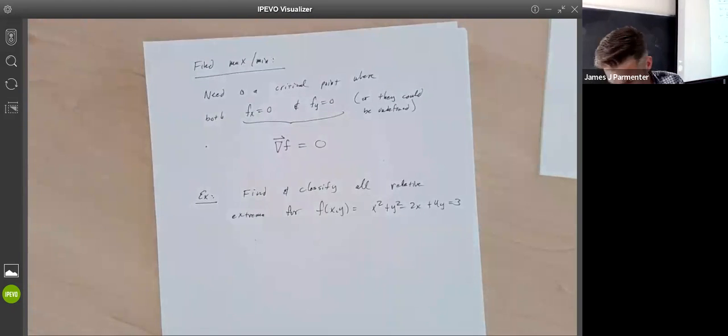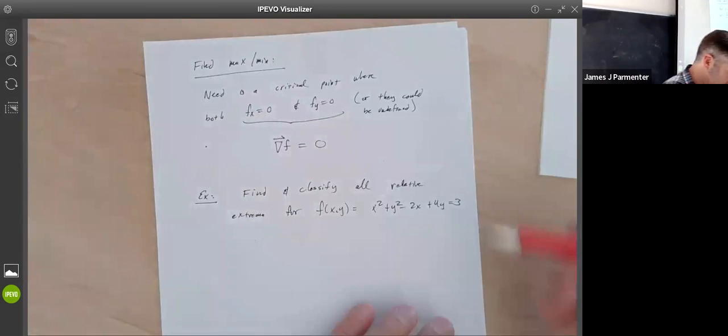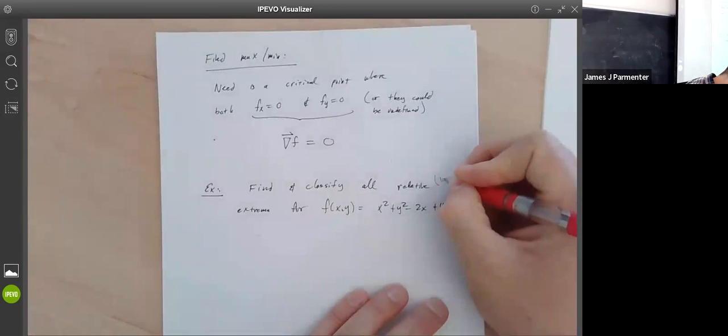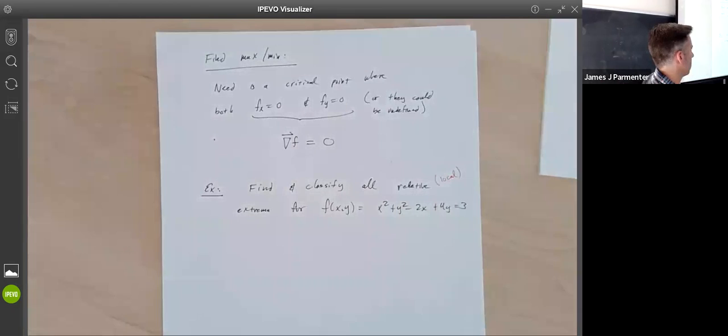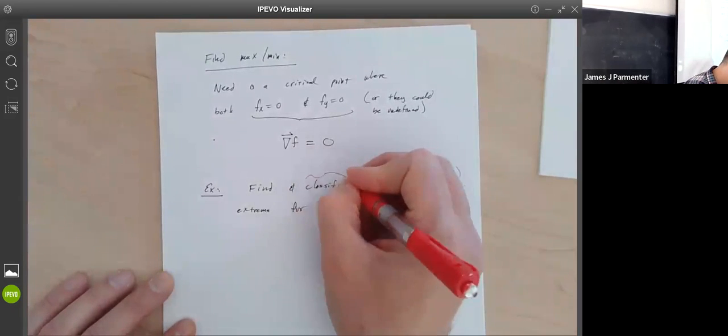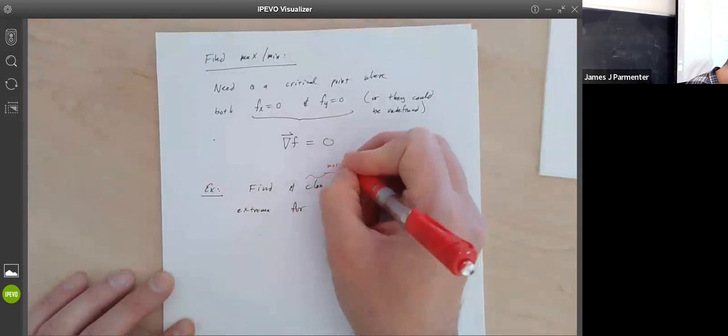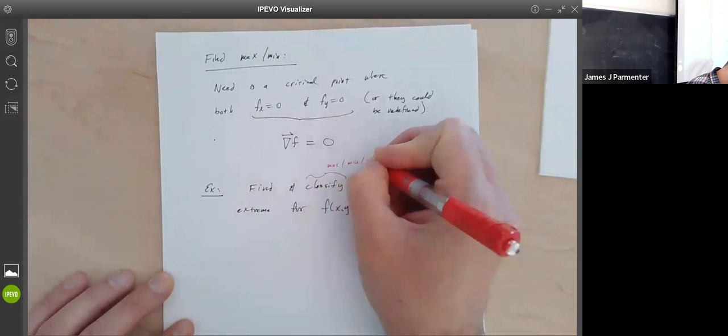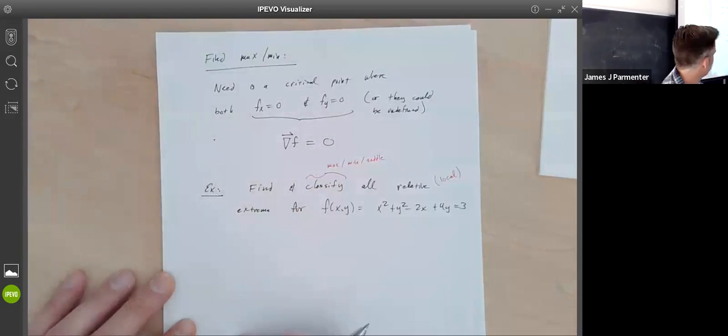Just a couple language things, right? When we say relative, that's just another word for local. So you can say local extrema or relative extrema. And when we say classify, we're just trying to determine if it's a max, a min, or a saddle. So that's our job.